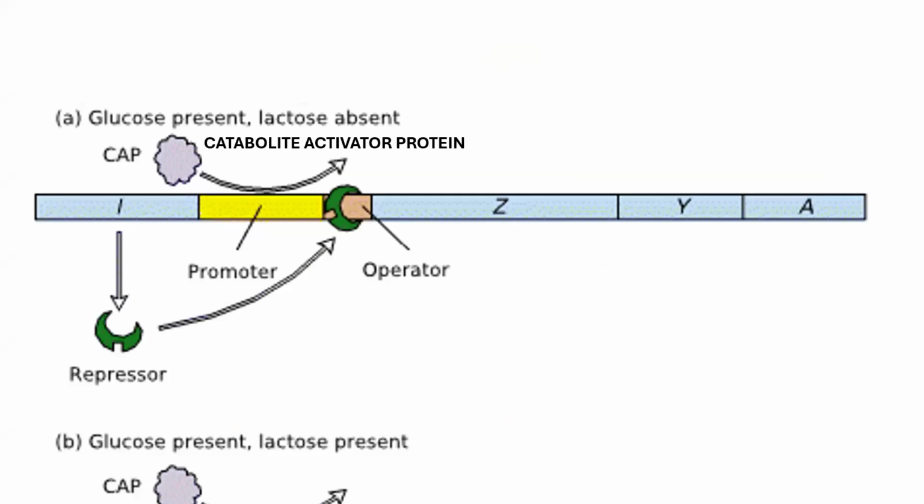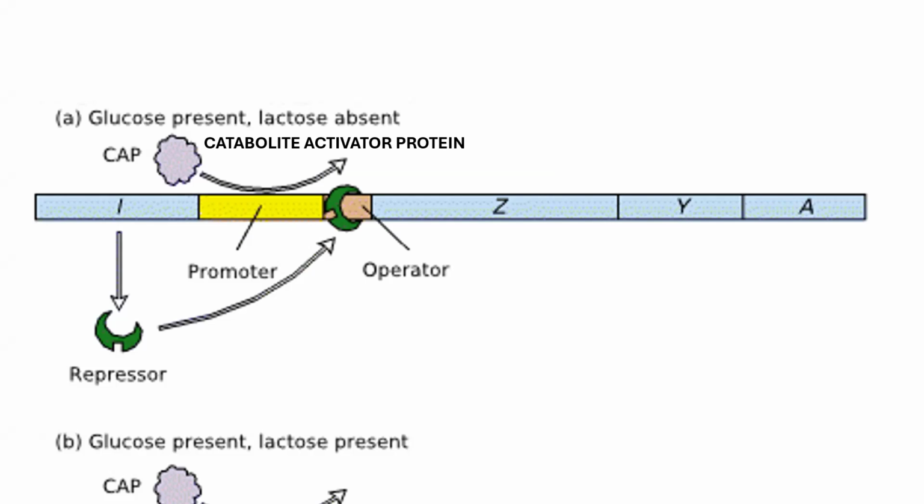So here we have, when glucose is present, a protein called the catabolite activator protein that comes in, activates a promoter. Now that promoter, sometimes I'll call it a gene regulation region or a regulatory region or a regulatory element. The promoter is usually 5' to a gene, but it doesn't have to be.